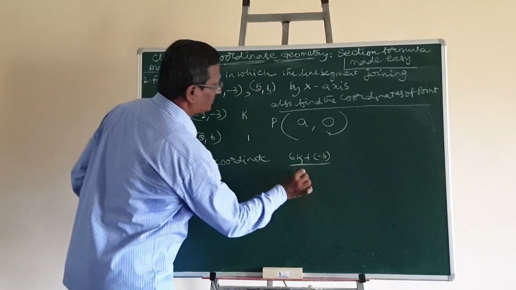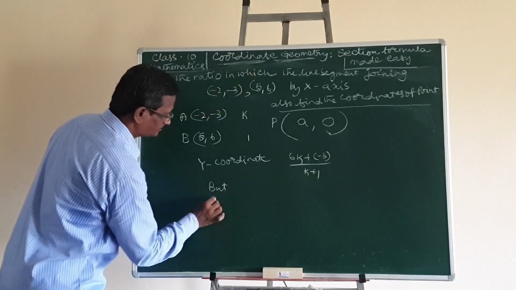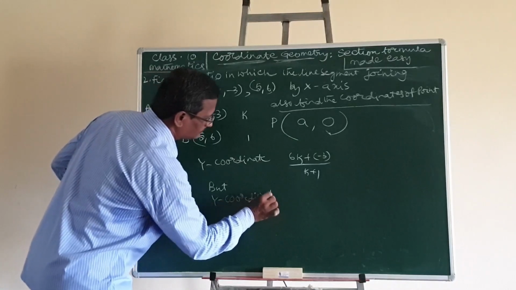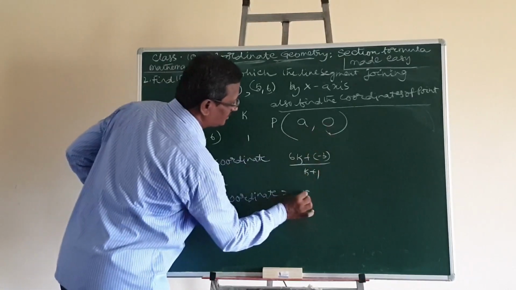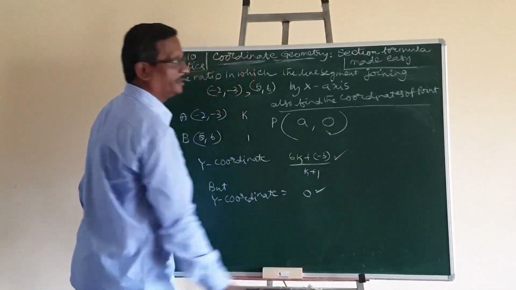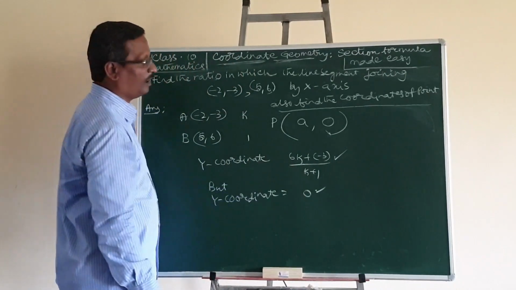By the sum of the terms of the ratio, k plus 1. But the y coordinate is, as per the given question, 0. This is the y coordinate of point P. This is also the y coordinate of point P. On equating these two, we will get the value of k.